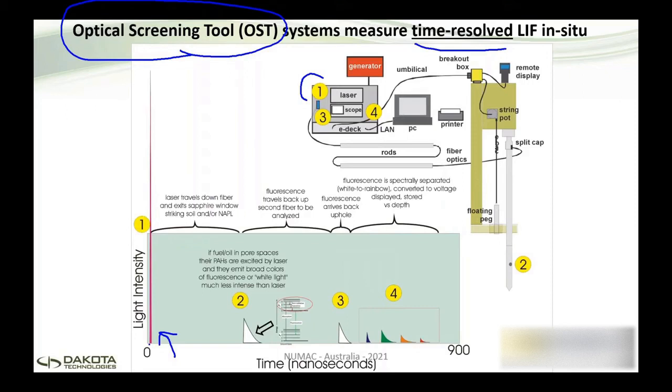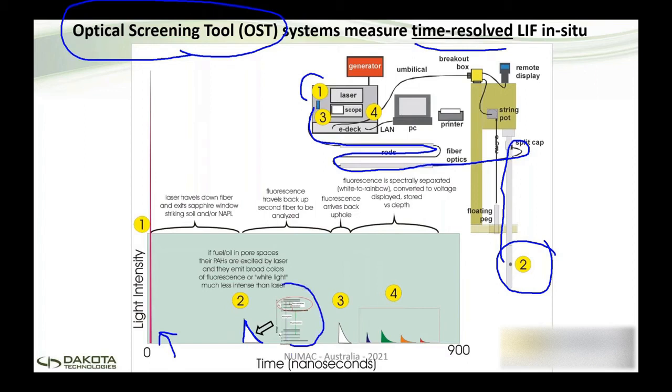So for a few billionths of a second, a tremendous amount of energy comes out, and that pulse of light travels through fiber optics all the way down hole and then arrives out onto the soil outside the sapphire window of the probe. At that point, it interacts with the soil, and then there is a phenomenon, including fluorescence and scatter and things like that, that go on.